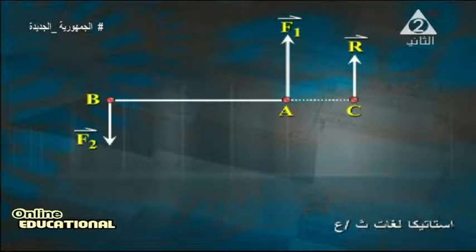F1 and F2 are called parallel, coplanar, unlike forces. Why? Because they are in opposite directions. Two forces F1 and F2 are parallel and unlike forces.